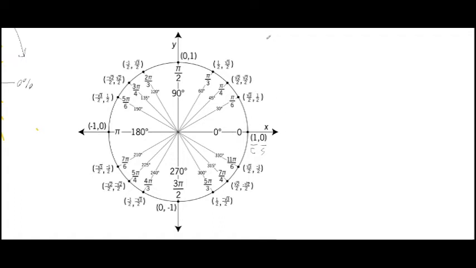So that's just saying that when cosine of 0 equals 1, and when you have sine of 0, that equals 0. And then you can go up here, cosine of 90 is equal to 0, and sine of 90 is equal to 1 here, so cosine and sine.